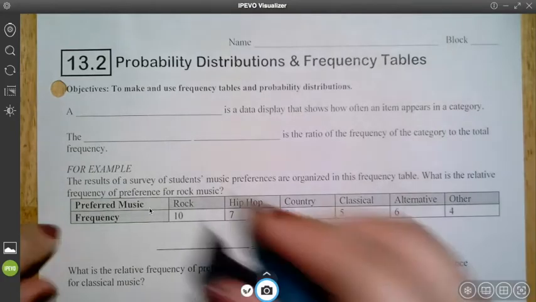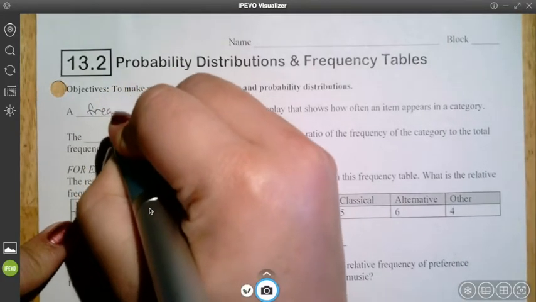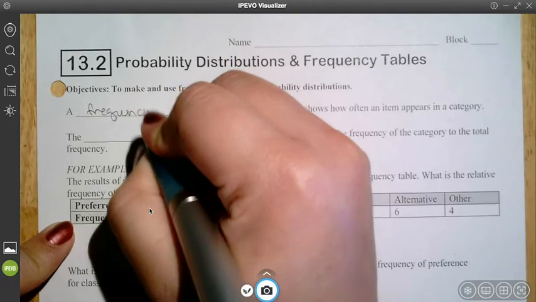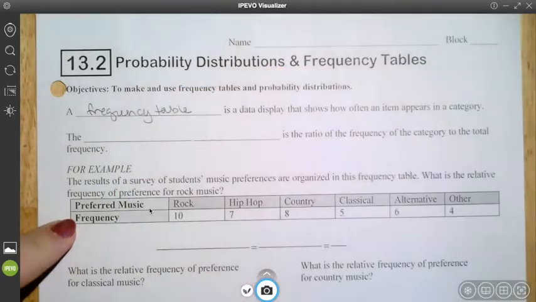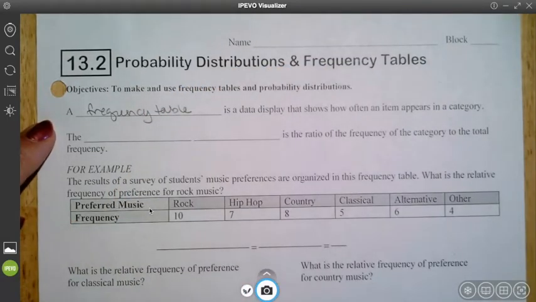A frequency table is a data display that shows how often an item appears in a category. Frequency is just another way of talking about experimental probability.